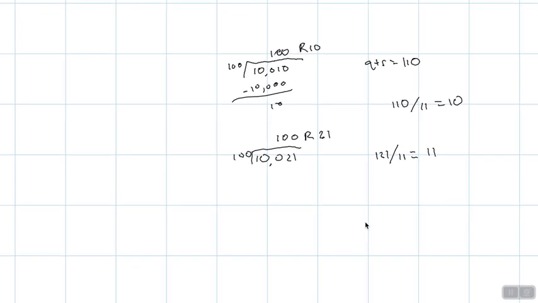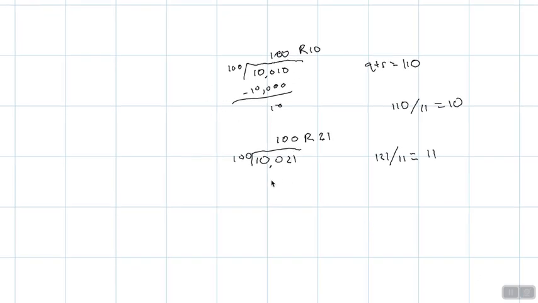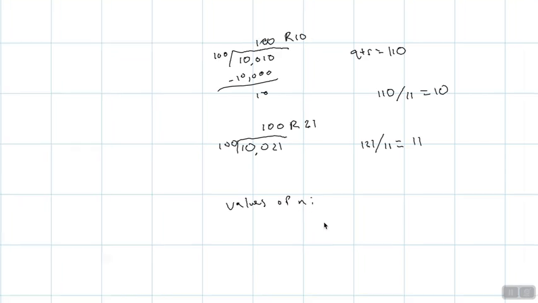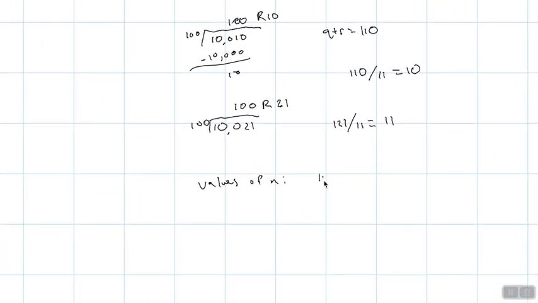And so while q is still 100, the values of n where q plus r is going to be divisible by 11 are going to be 10,010, 10,021, 10,032, all increasing by 11, all the way until you get to 10,099.